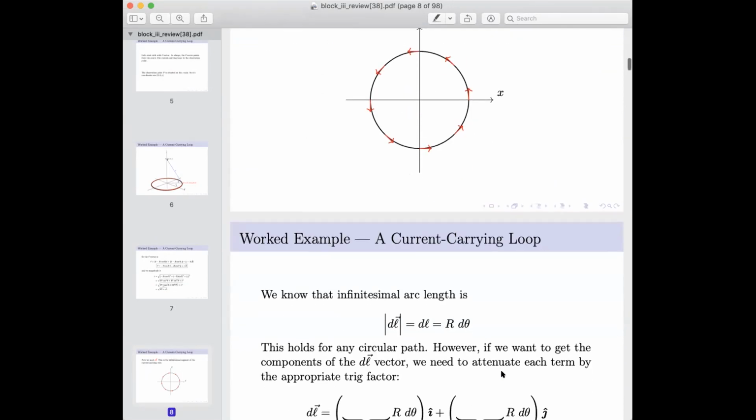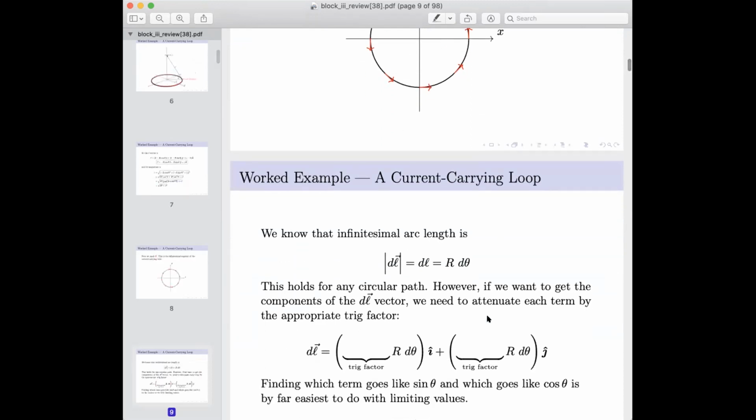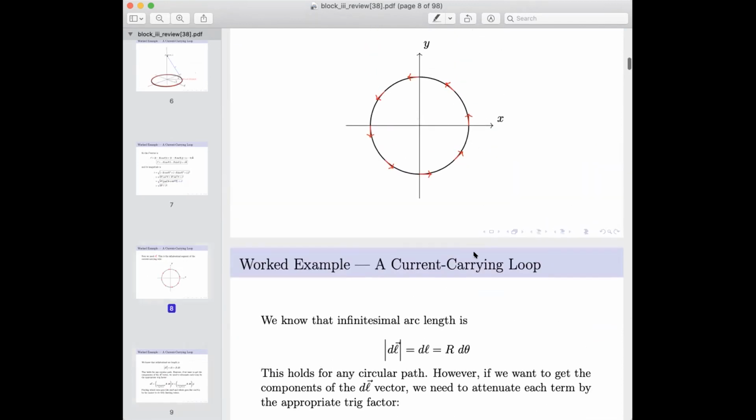So we can use our arc length to do that. We know that the radius of our loop is staying constant, and it's going to change with respect to theta, how far around the circle we're going at any given time.